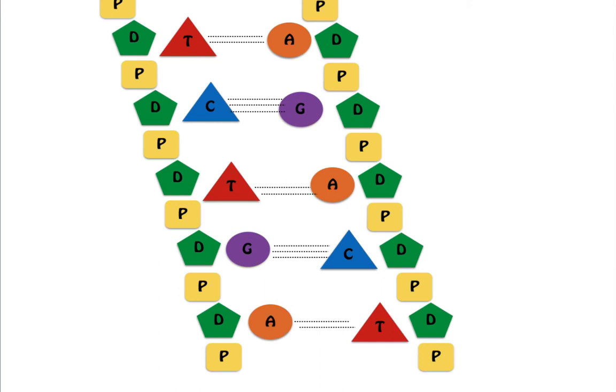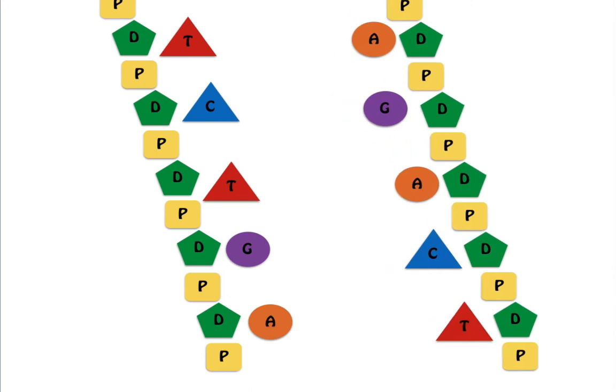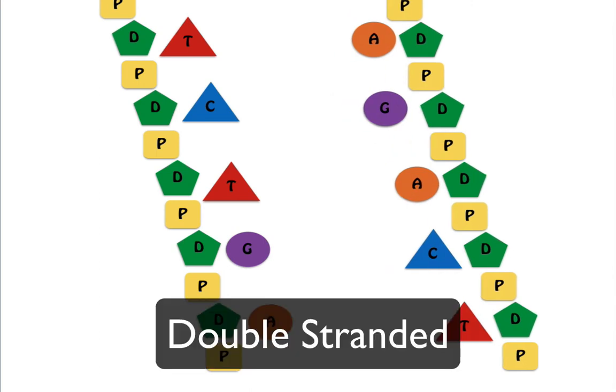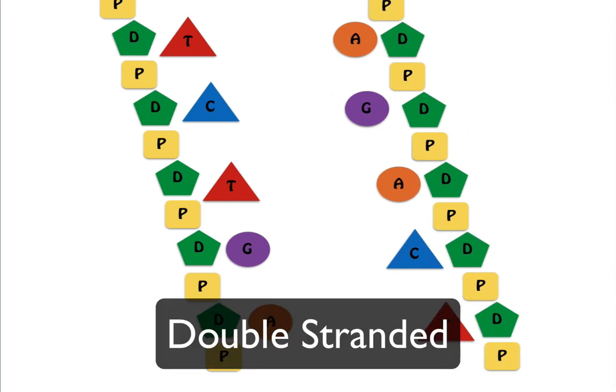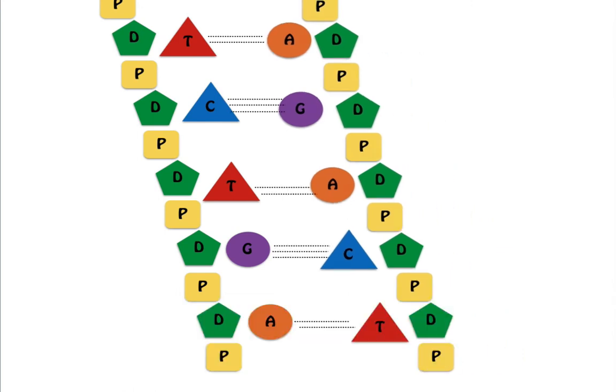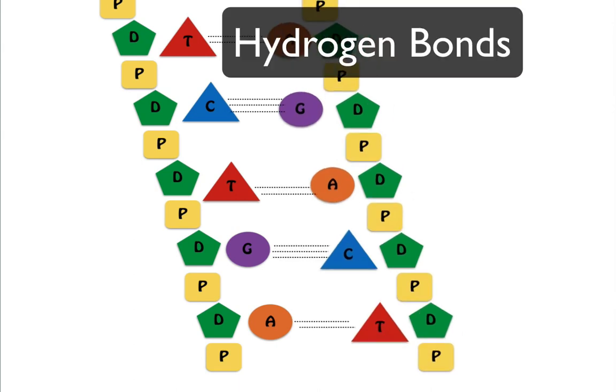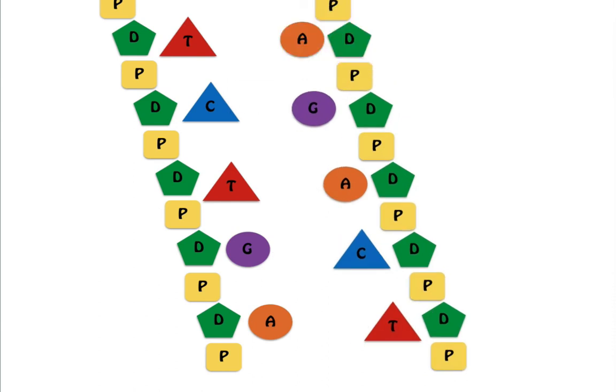Because human beings and animals are 3D objects, so you have a code that actually codes for constructing something that's got actual depth to it. So you'll notice here that I'm separating these two strands. DNA is a double-stranded molecule, bringing it back, and they're combined with, you see those little dotted lines? Those are hydrogen bonds. I will actually make a video explaining what is going on here with hydrogen bonds, okay?